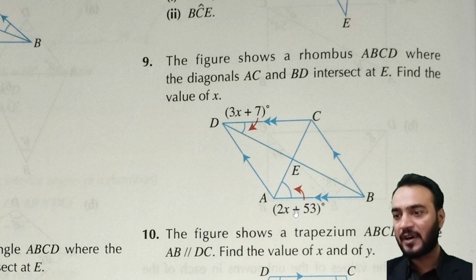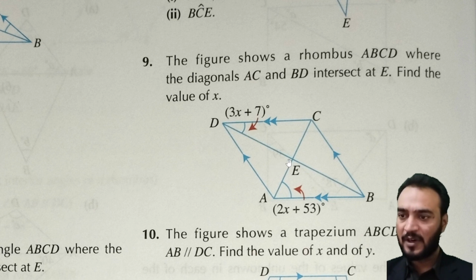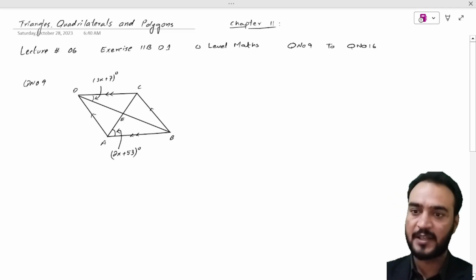And if one angle here at point A in the triangle AEB is 2x plus 53 degrees, then the remaining half angle, that is the angle EAD, is also equal to 2x plus 53 degrees. So hence we have the triangle DEA where one interior angle is 90 degrees because the diagonals intersect each other at right angles. So let us solve this question to explain it more.